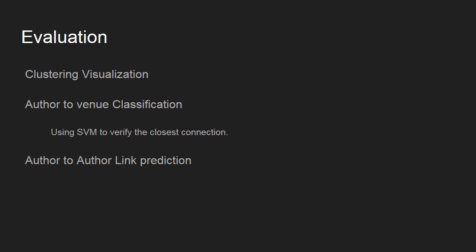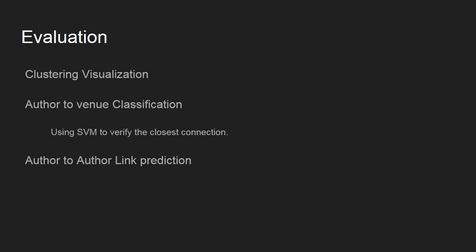For the evaluation, we use three ways to do implementation and verification. The first one is clustering and visualization. Namely, we map all the result data into a 2D coordinate plane to see how the nodes are distributed. The second one is author-to-value classification, namely how accurate our method is at classifying to the correct value, here the correct conference for this author to attend.